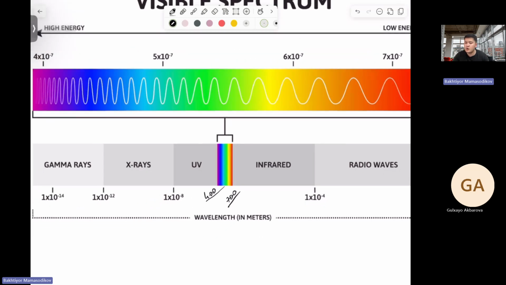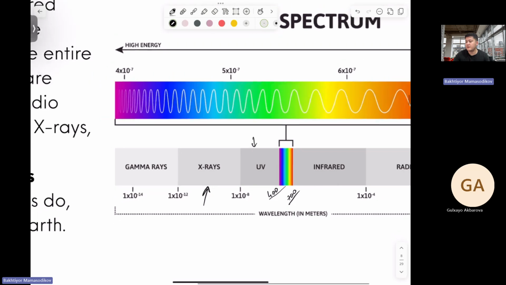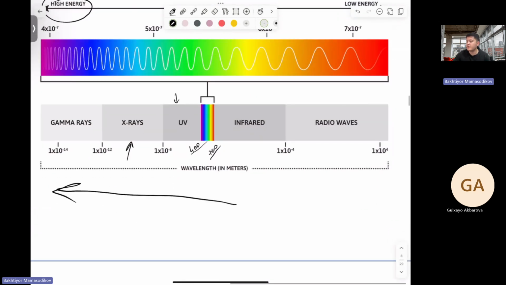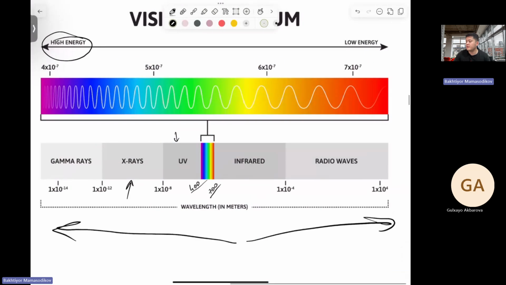Okay, and UV light is from 10 to 400 nanometers. UV light causes DNA damage, which leads to skin cancer. And X-rays, as you can see, have high energy. The more left you go, the higher the energy. The more right you go, the lower the energy, but longer wavelengths.